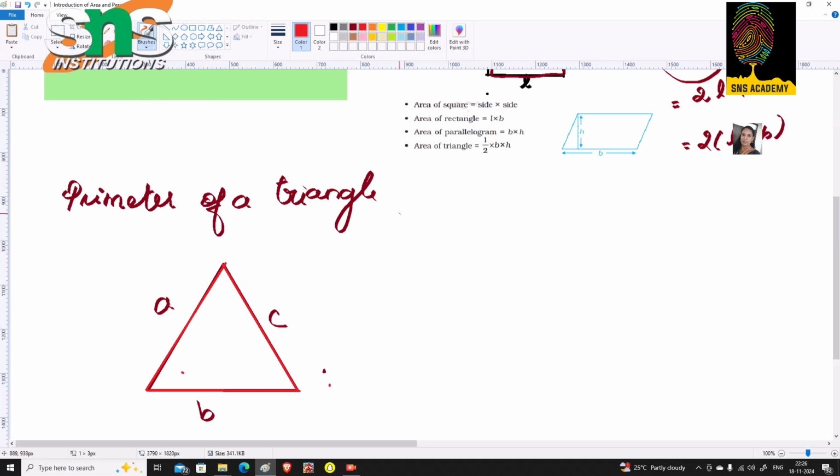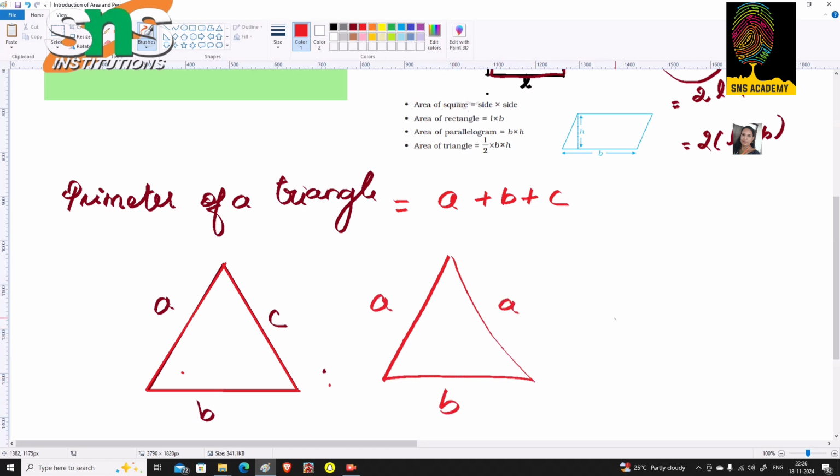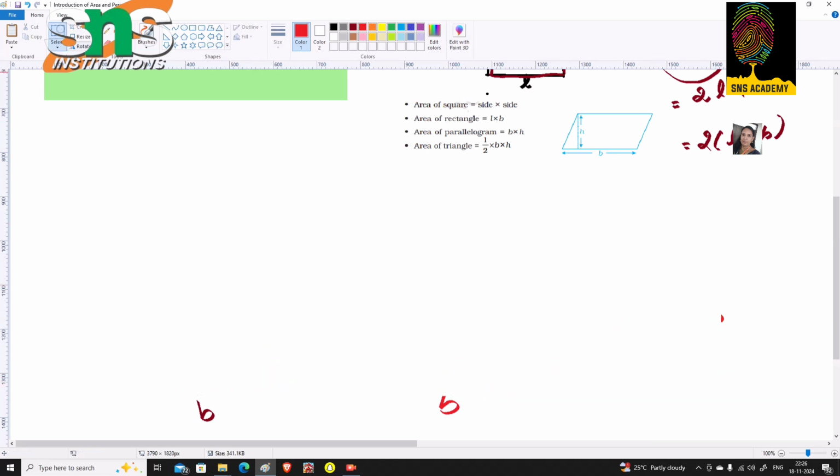So here the boundary measurements are A plus B plus C. Suppose it is not a scalene triangle and any two sides are equal, then we get two sides with the same measurement, so we can write A plus A plus B. So according to the measurement, the formula changes slightly, but whatever it is, perimeter means the sum of the sides of the given boundary.